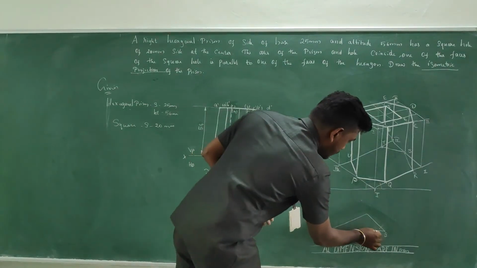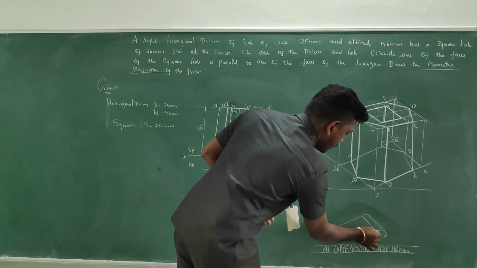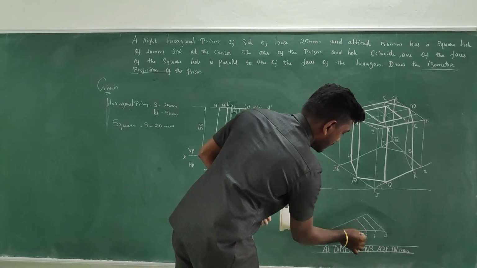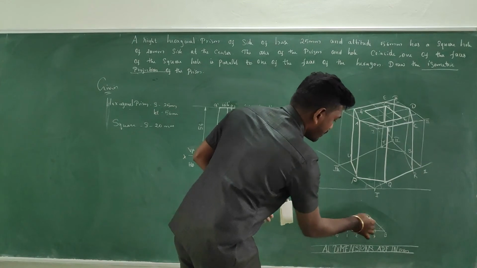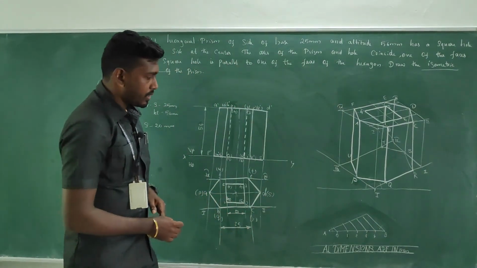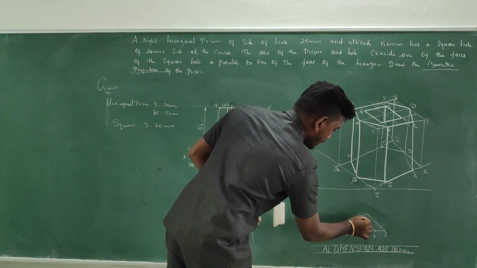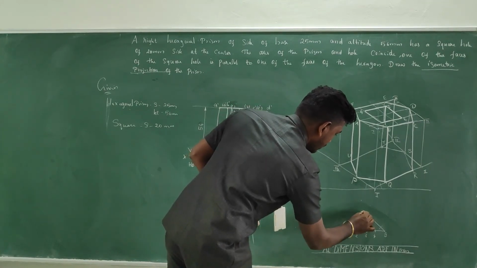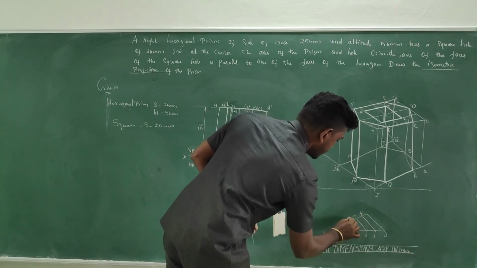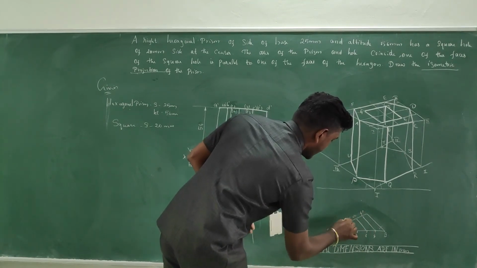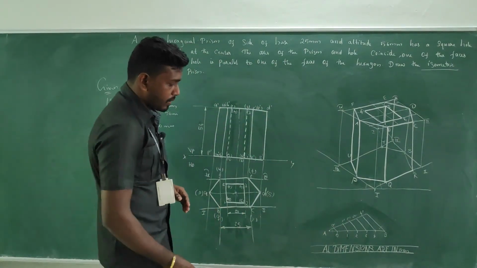Now to specify it, draw parallel lines from 4, 3, 2, 1 and 0. It should be a 45-degree line, okay. And afterwards, where the lines intersect with the 15-degree line, mark them as 4 dash, 3 dash, 2 dash, 1 dash and 0 dash, okay.